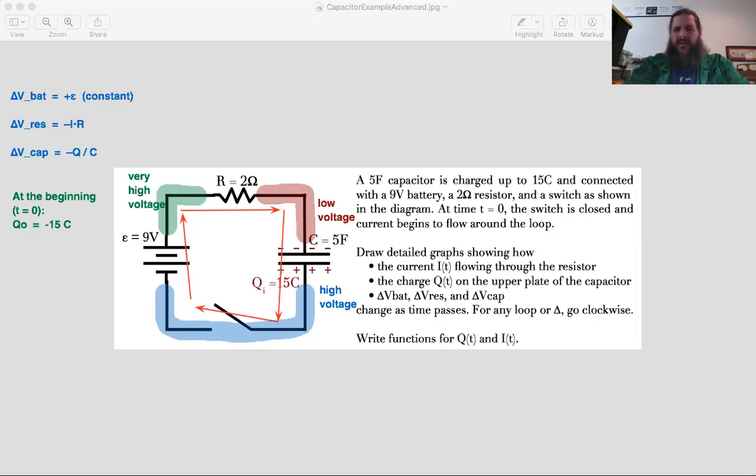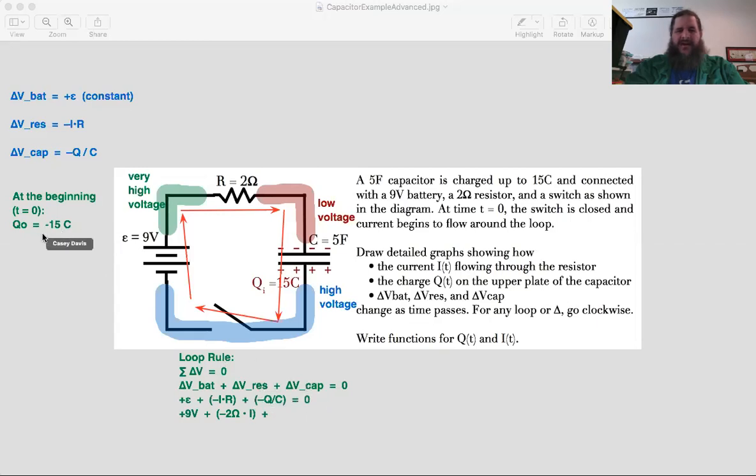Current is unknown, but we at least know the resistance is 2 ohms. And charge is negative 15 coulombs, the charge on the top plate. So we can still write voltage as negative Q over C. It's just that charge is negative 15. So negative 15 coulombs becomes positive 15 coulombs divided by the capacitance, 5 farads. Any questions on that setup so far?